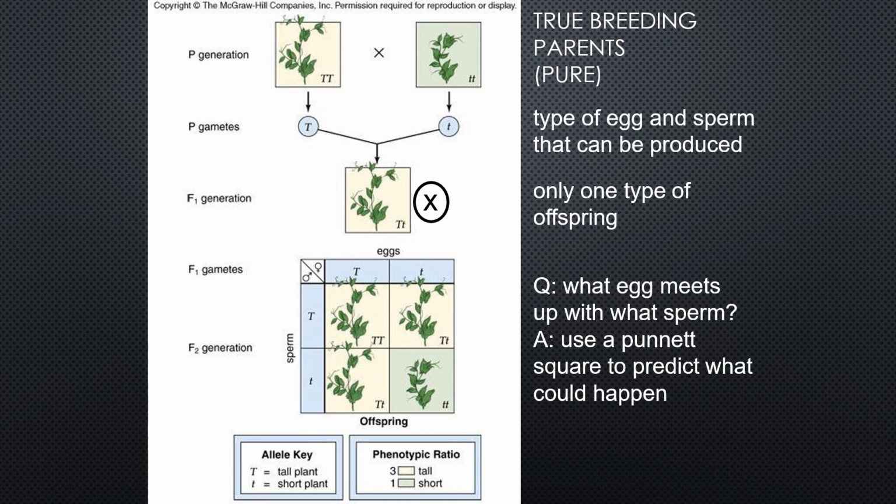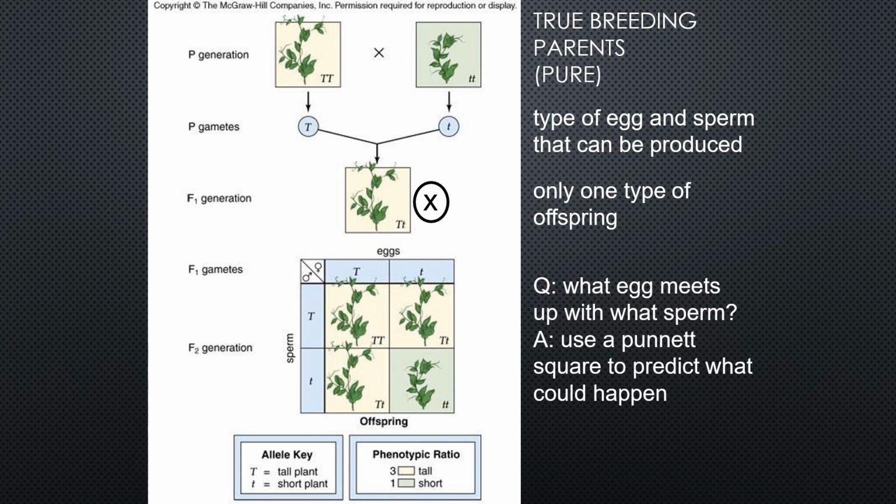Okay, so when Mendel started his experiments, the first thing he needed was what we call true breeding parents, or purebred parents, for that parental generation. And that means that the type of egg and sperm that they can produce only produce one type of offspring.